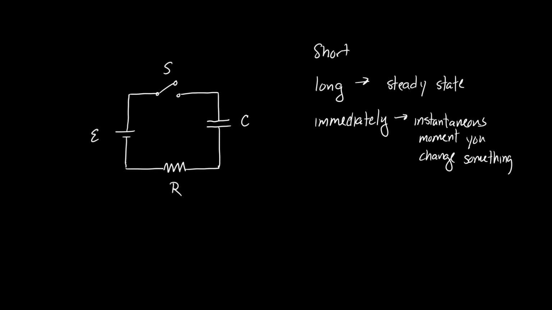So if I say, what is the value of the energy in a capacitor immediately after you close the switch? Well, I'm talking about the instantaneous moment the switch is closed. That's what they refer to when we talk about those.